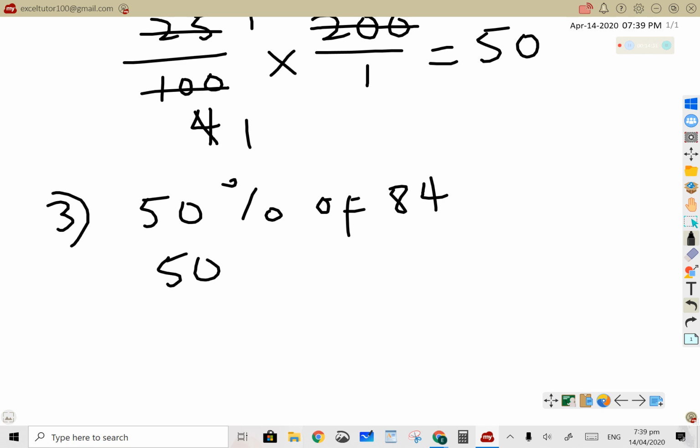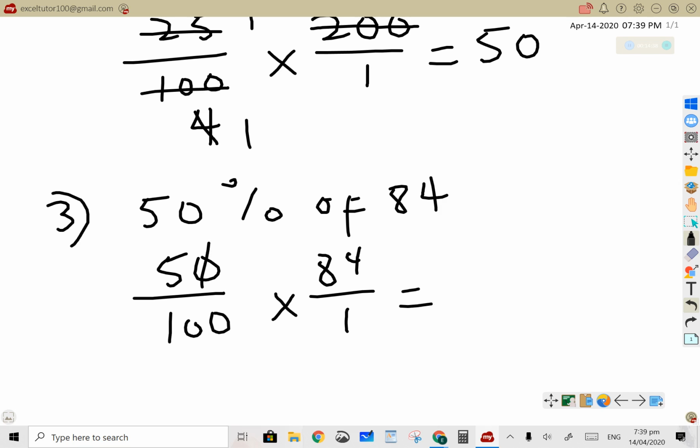So again we put 50 over 100 multiplied by 84 over 1. We cancel off our zeros. 5 into 5 is 1, 5 into 10 is 2. 2 into 2 is 1, 2 into 8 is 4, 2 into 4 is 2. So our answer will be 42.